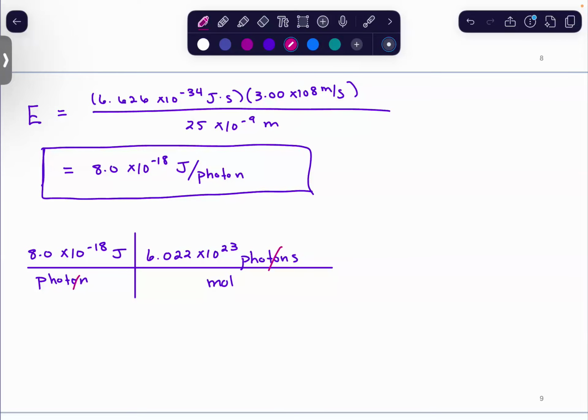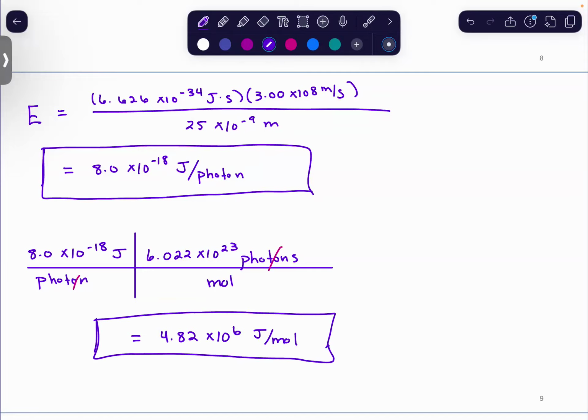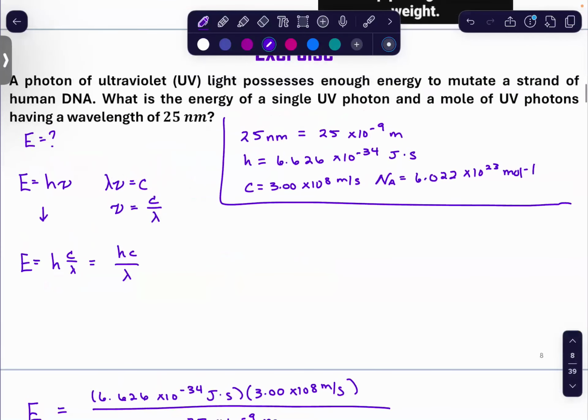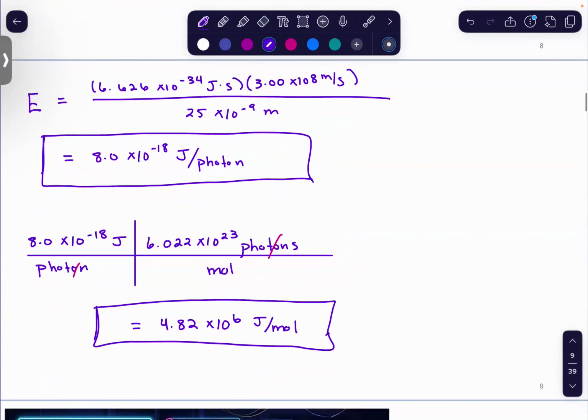Photons cancel out, and we end up with 4.82 times 10 to the 6th joules per mole. So in ultraviolet radiation, you're getting about 4.82 megajoules per mole of photons. That's a lot of energy.